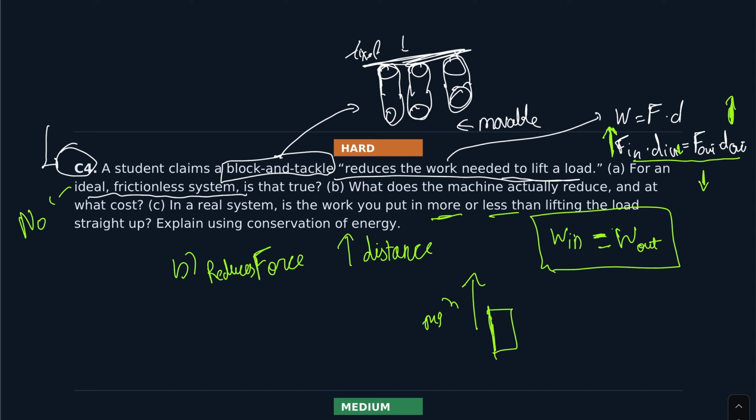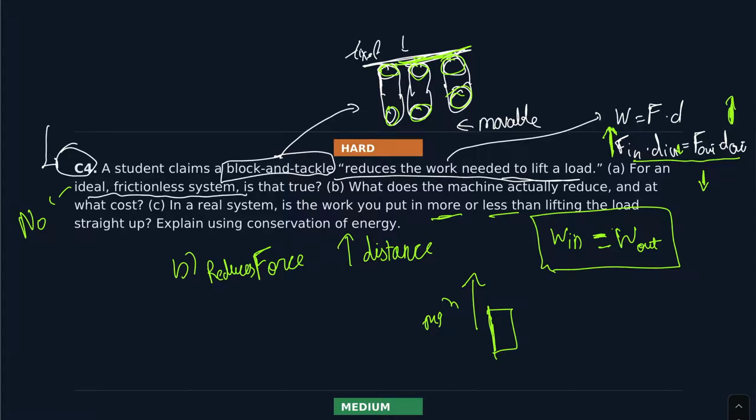Okay, so basically, they're asking, in a pulley, in a real world system where there is friction and all sorts of variables, is the work in going to be equal to the work out? So it's actually going to be a tad bit greater, okay?